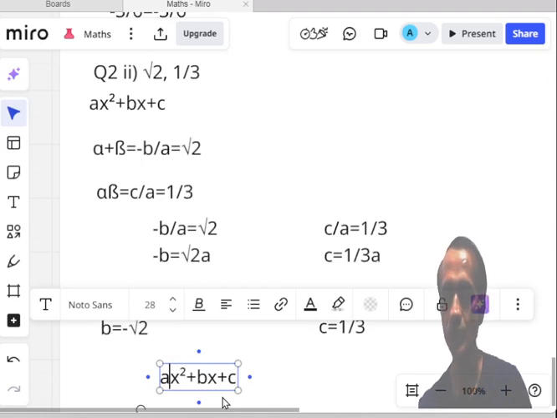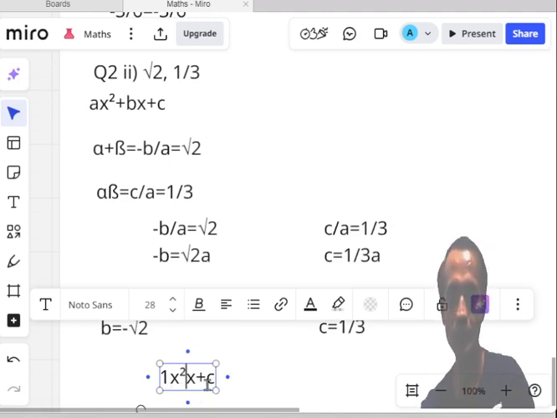In place of a, we write 1. In place of b, we write minus root 2.